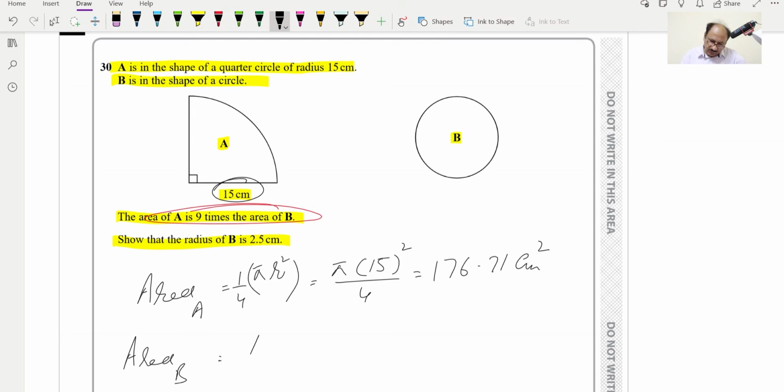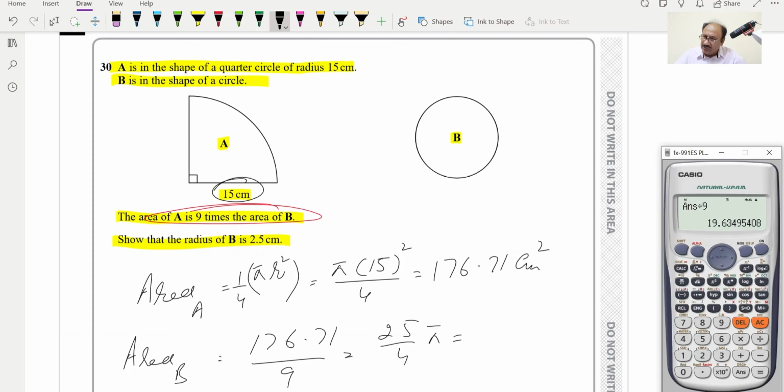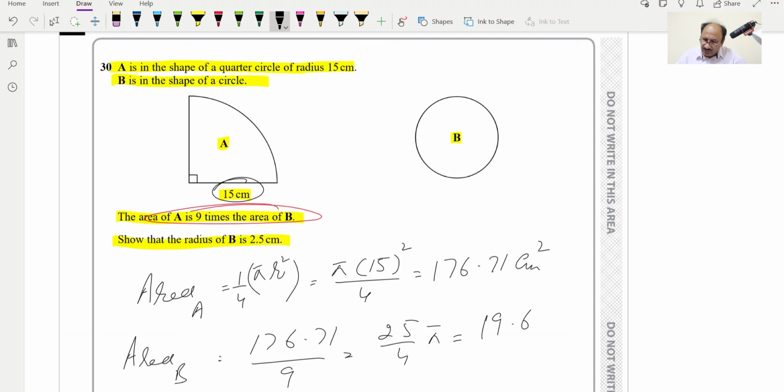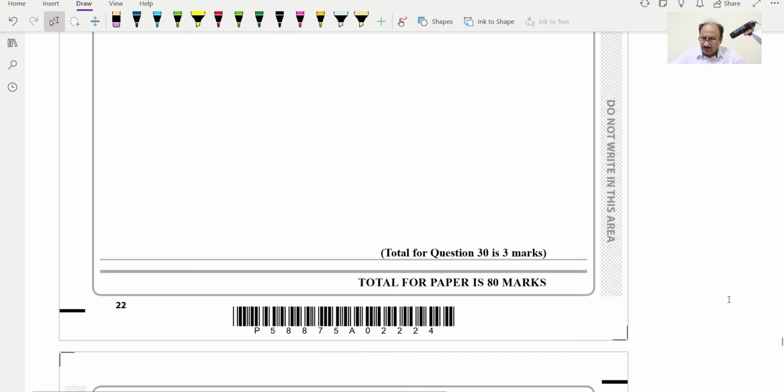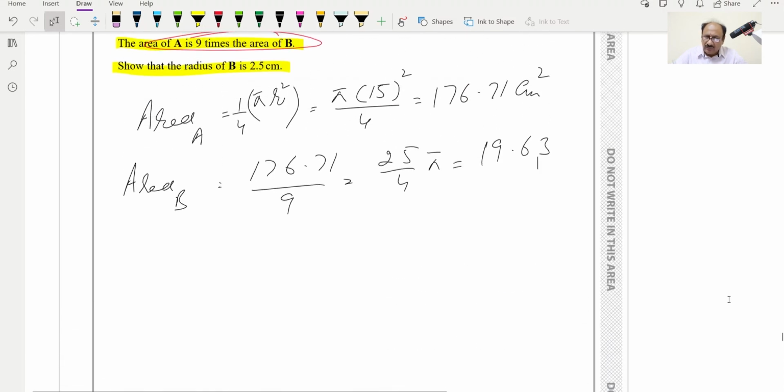So we can write 176.71 divided by 9 will be equal to 225 over 36 pi, and this in decimal format will be equal to 19.63. The answer can be provided in 4 or 3 significant figures; it's not mentioned. So this will be centimeters squared.